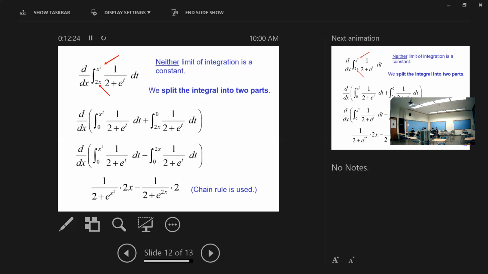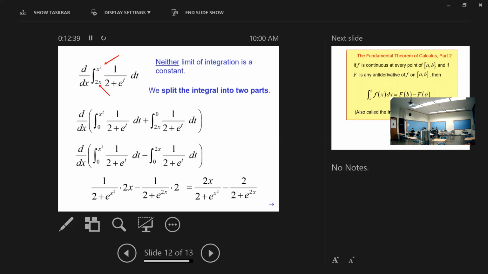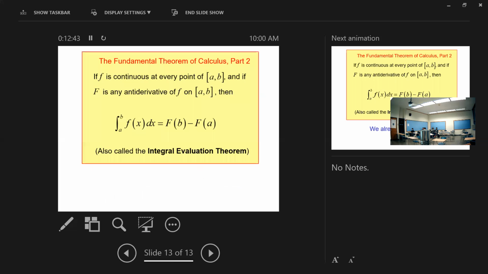This x squared gets plugged into the t times its derivative. This 2x gets plugged into the t times its derivative. And you're there. Okay? So, part 2 is for the next lesson.